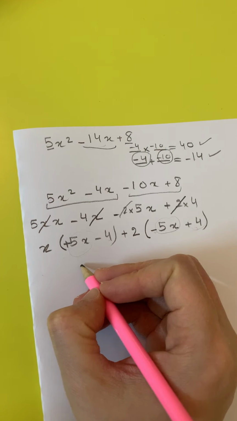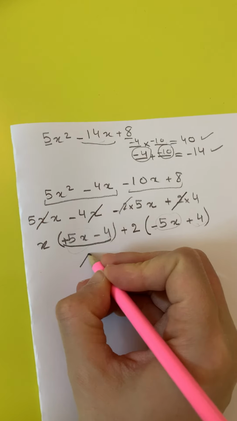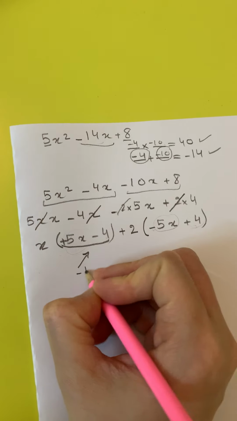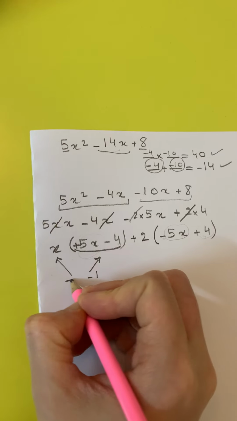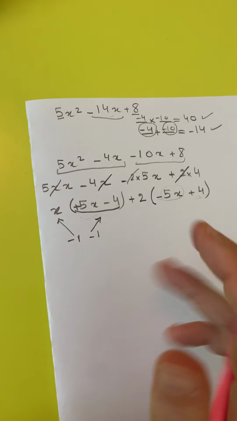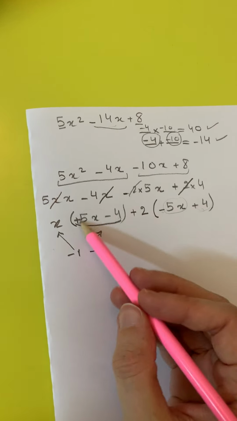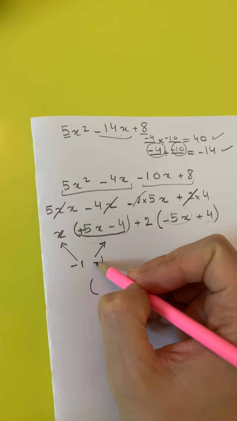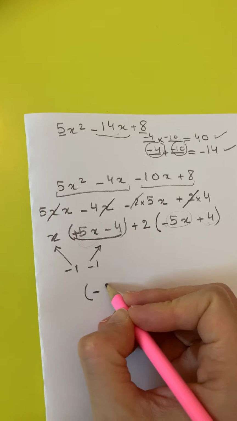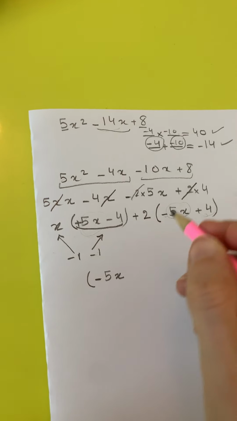What I'm going to do, I will multiply this one by negative 1. And I'm going to multiply x by negative 1. If I multiply this one by negative 1, so 5x multiplied by negative is negative 5x, so the sign will change.